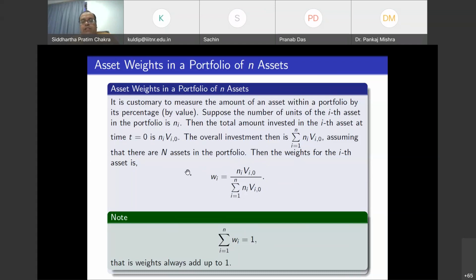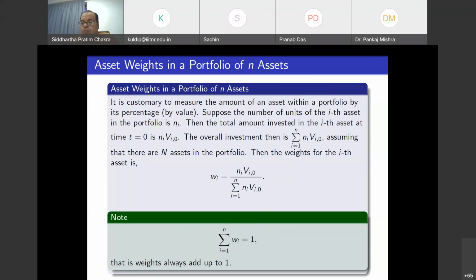Now, if we sum up this Wi from i equal to 1 to n, what is this going to be? Both the numerator and denominator will become the summation of Ni Vi0, which cancels out and adds up to 1. So all the weights add up to 1. These Wi's are nothing but the fraction of your total investment that has been put in the ith asset.